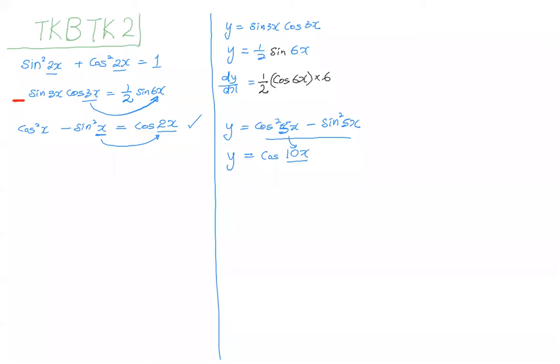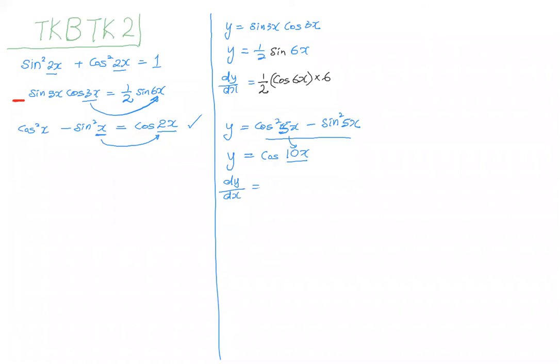So what is the dy dx for this? Wenjie? Negative 10 sine 10x.